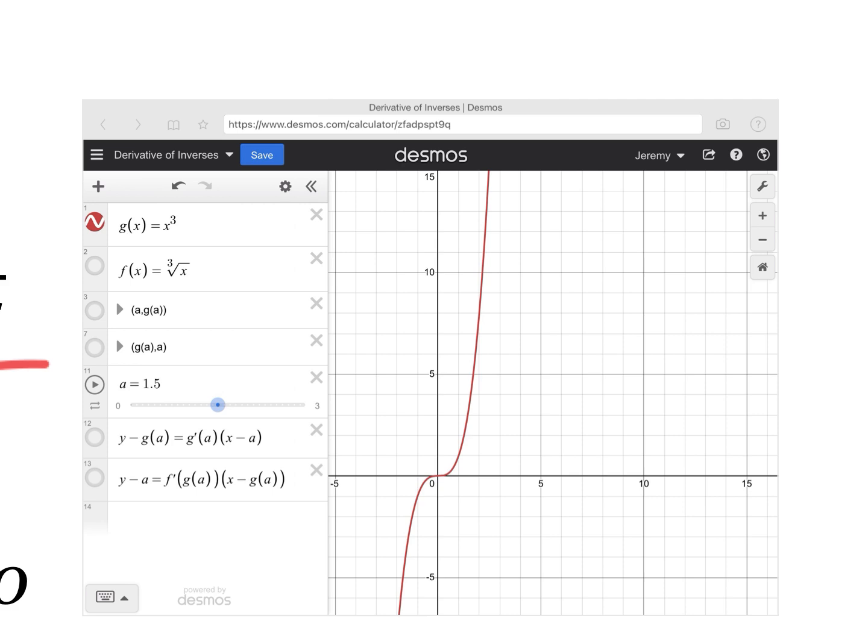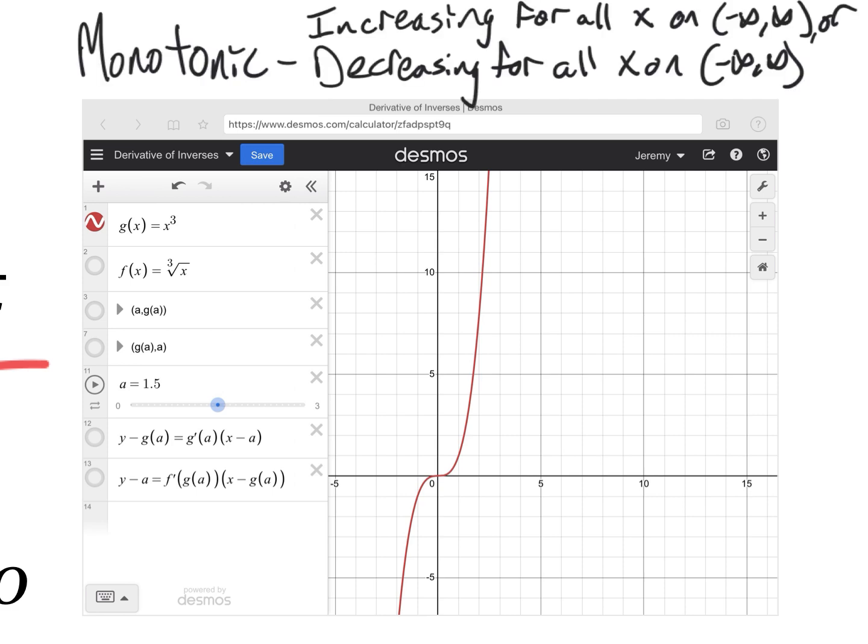It's what we call monotonic. So that means it's always increasing for all x from negative infinity to infinity, or decreasing for all x from negative infinity to infinity. Keep that note in mind. That's always true for invertible functions.